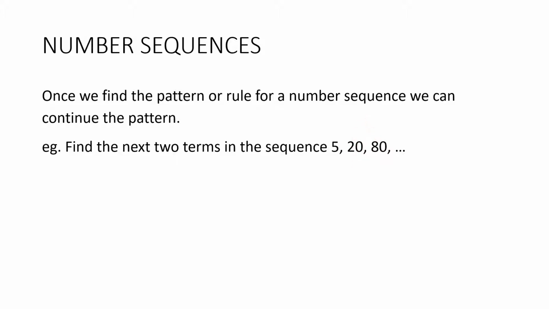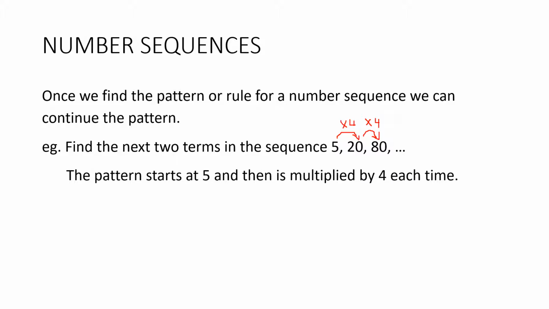I'm hoping you can see that we have multiplied by 4 in each case. So we can write, the pattern starts at 5 and then is multiplied by 4 each time. And the next two terms must be 320 and then 1280.